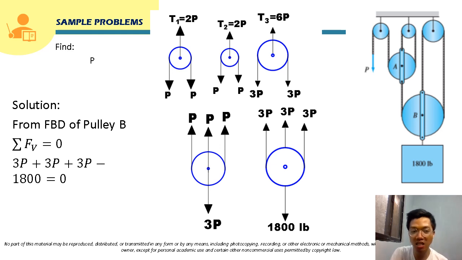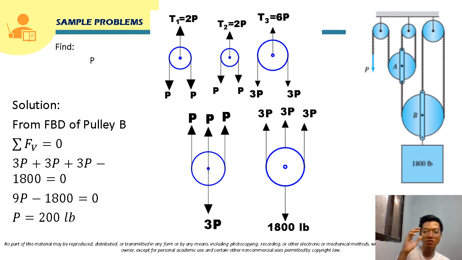So this will be 3P plus 3P plus 3P minus 1,800 equals 0. This becomes 9P minus 1,800 equals 0, so 9P equals 1,800. Dividing by 9 to solve for P gives us 200 pounds. So this is the answer for P, 200 pounds, which is the item that we are being asked in this problem.